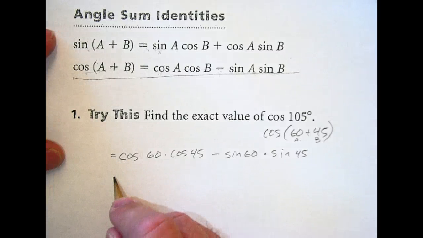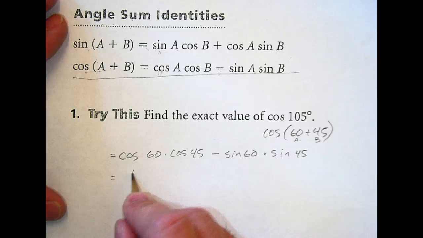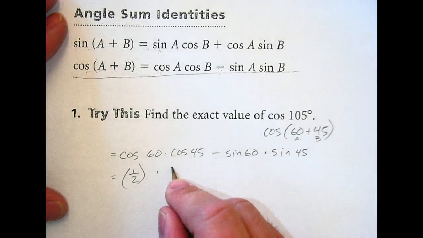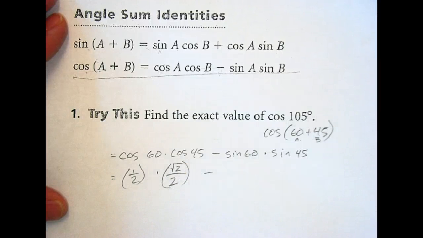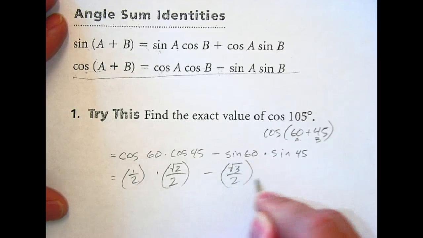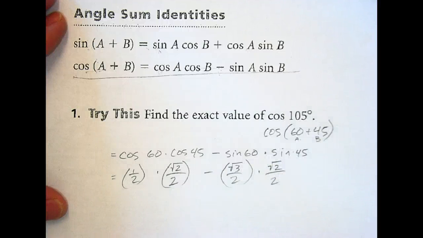And then we continue there. Cosine 60 is 1/2. Cos 45, root 2 over 2. Sine 60, root 3 over 2. And sine 45, root 2 over 2. Okay? And then we keep calculating there.